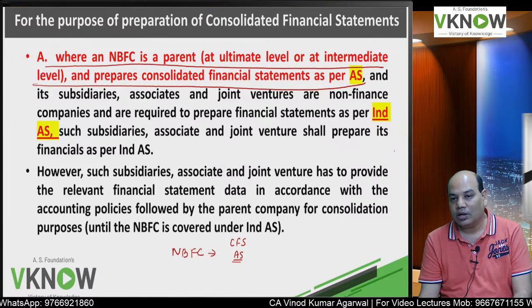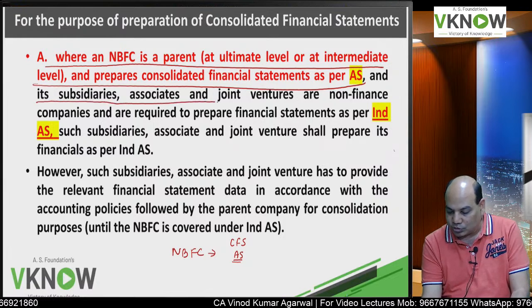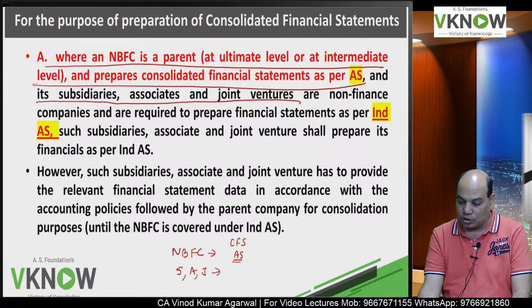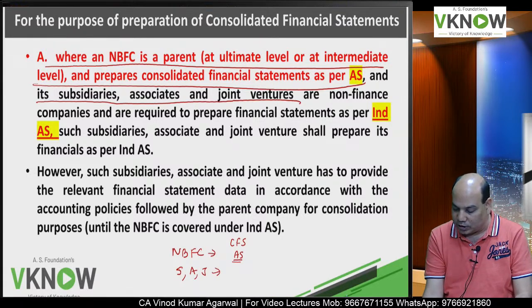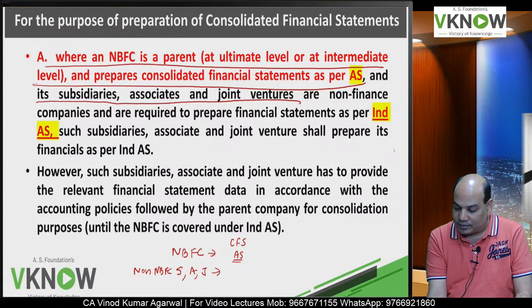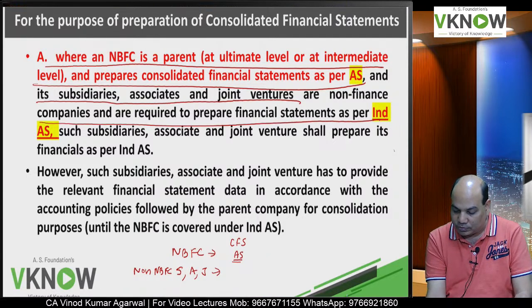As per accounting standard means not as per Ind AS. And its subsidiary, associate, joint venture, so I will write SAJ, are non-finance companies. These are non-NBFC. They are required to prepare financial statements as per Ind AS.